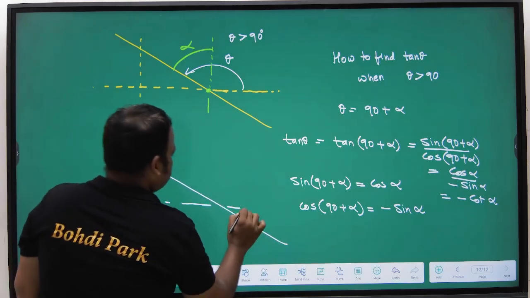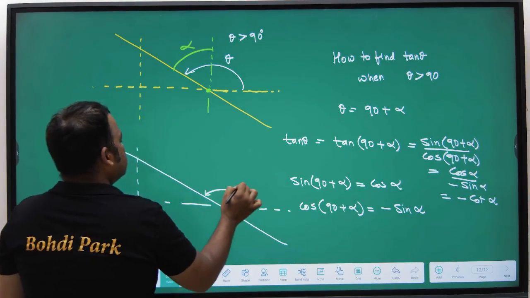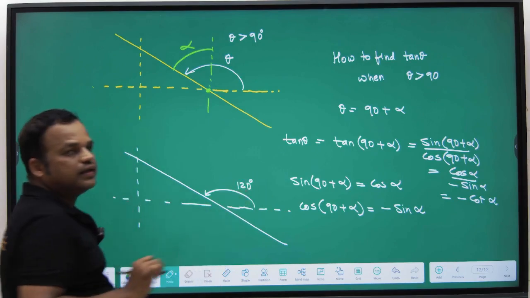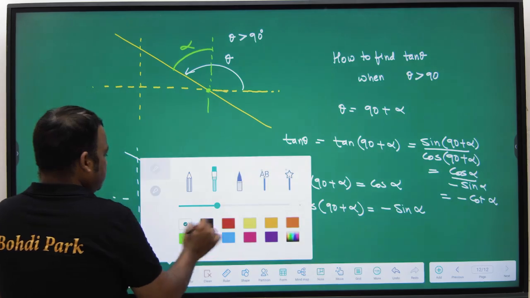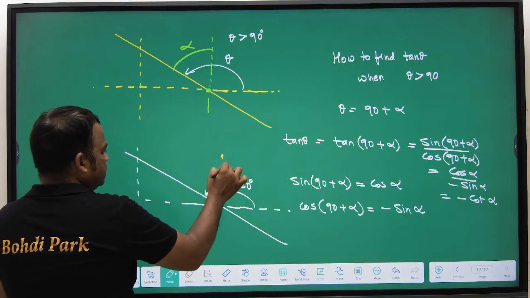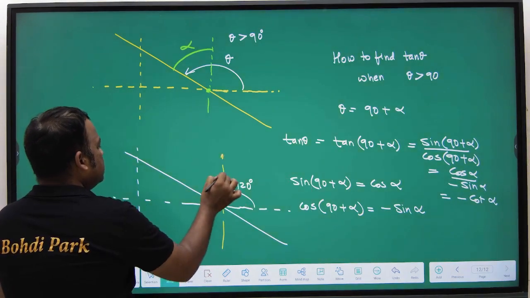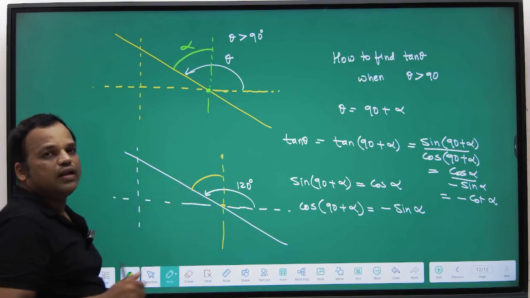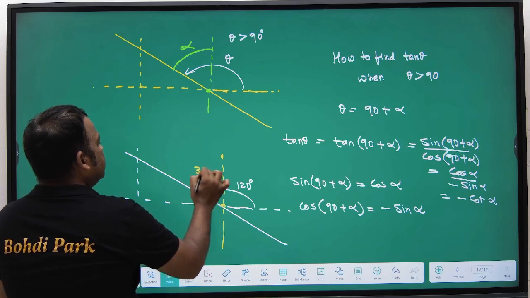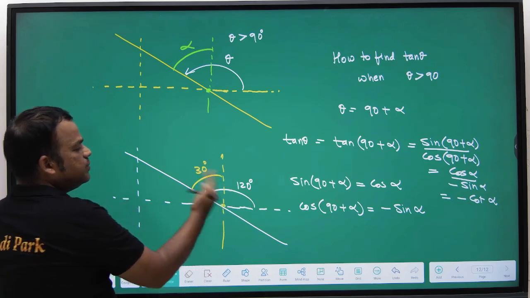This is the straight line. Now this angle is given as 120 degrees. So we will draw one vertical line passing through this point. So this angle will be alpha. Now alpha will be 30 degrees because 120 is 90 plus 30.